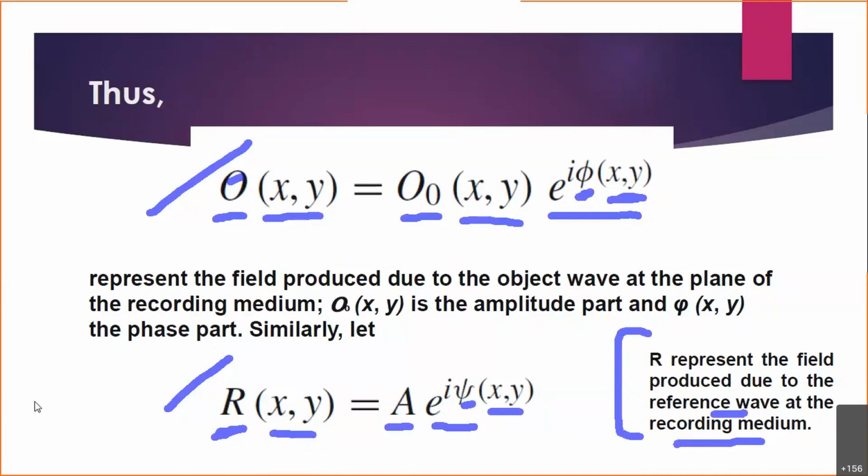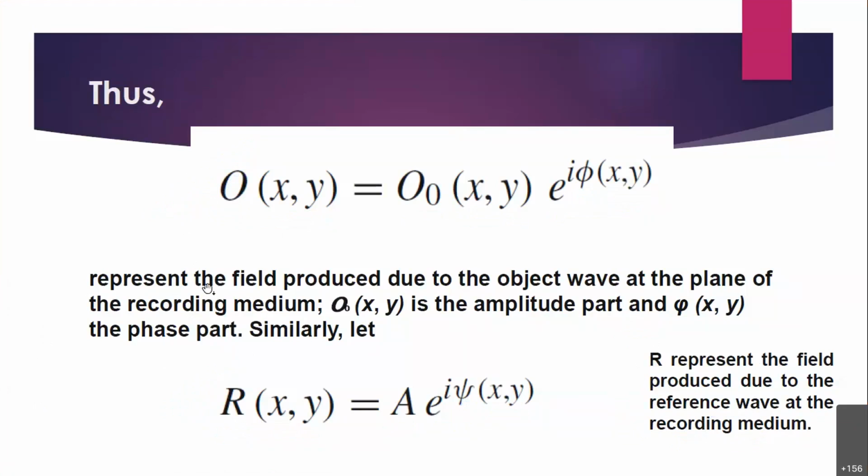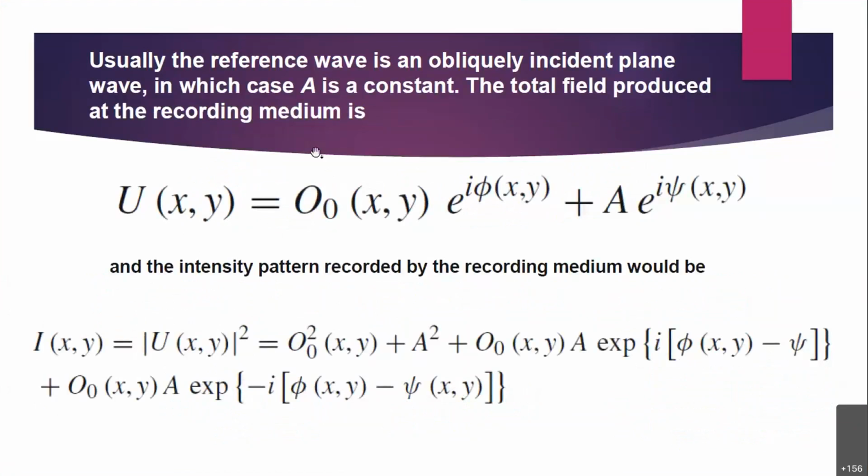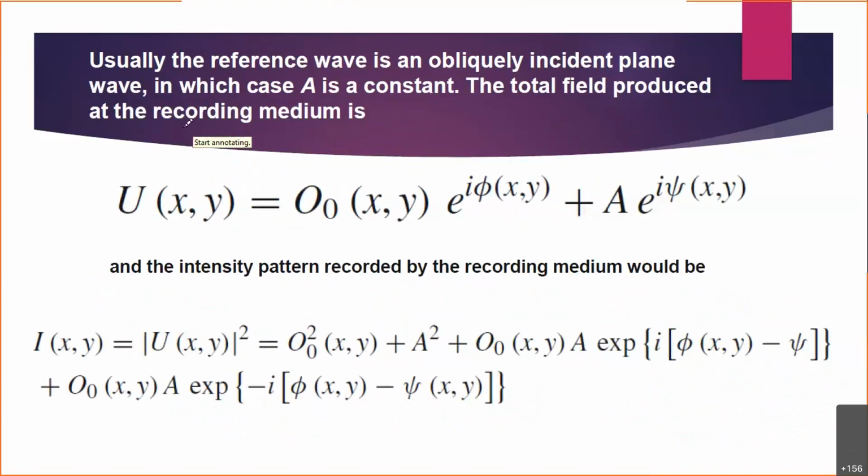Okay, so let me come down. Here it is. This is nothing but the same thing I have written on the earlier slide. Now look at this line: the total field corresponding to the object wave and the reference wave at the recording medium.